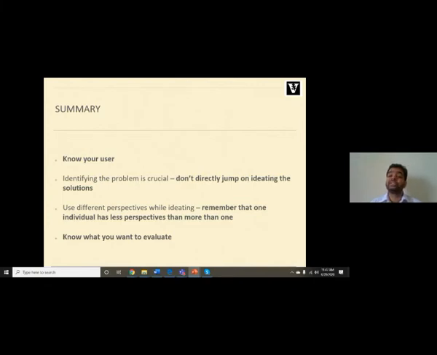I'm not telling you that you should evaluate all four factors. Maybe you are just testing for effectiveness, but you should know that you are testing for effectiveness, and that will help you in designing your test and deciding what data to collect to understand that effectiveness properly. Okay, so these are the four important takeaways and summaries from this talk.